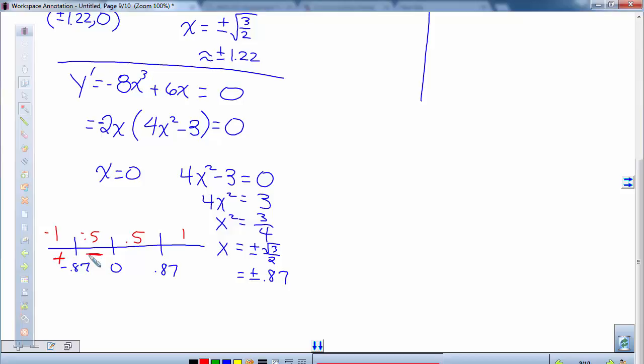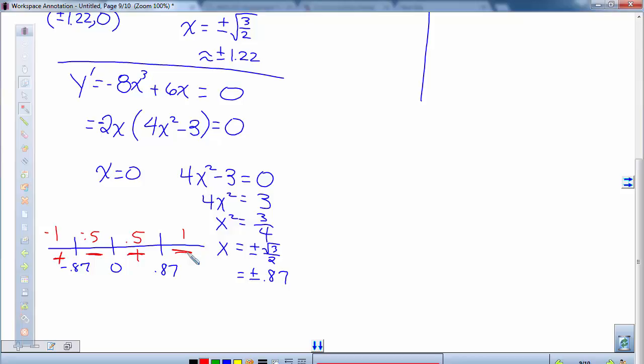All right, -2 times 0.5 is going to be negative, and then when we put it over here, we get negative, so this is positive. And if we put in 1, negative. Okay, so now we have some idea about where the function is increasing and decreasing.